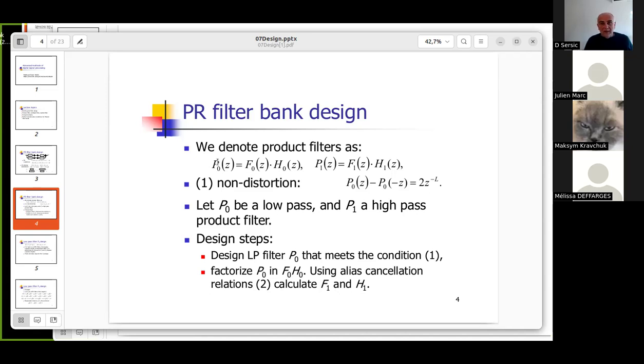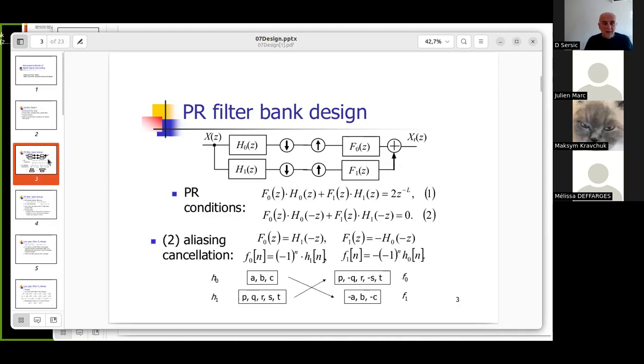Once we have two filters, it's trivial to get F1 and H1 using aliasing cancellation conditions. They would have the same coefficients of the impulse response, only with alternating signs.